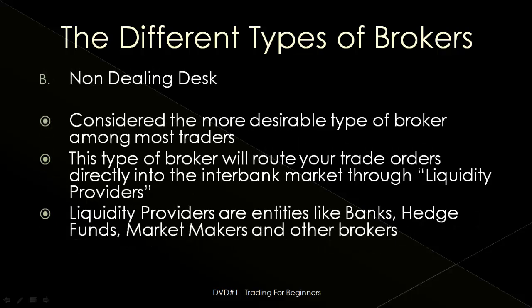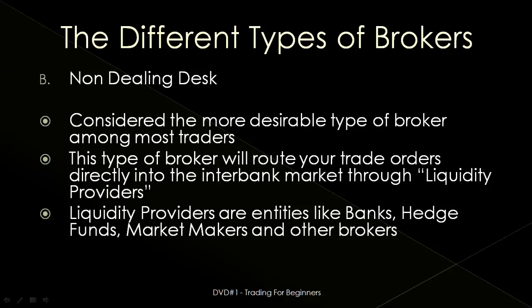Let's now take a look at the more desirable type of broker. Let's look at the non-dealing desk broker. These are considered the more desirable type of brokers amongst most traders. This type of broker will route your trade orders directly into the interbank market through liquidity providers. Liquidity providers are entities like banks, hedge funds, market makers, and other types of brokers.